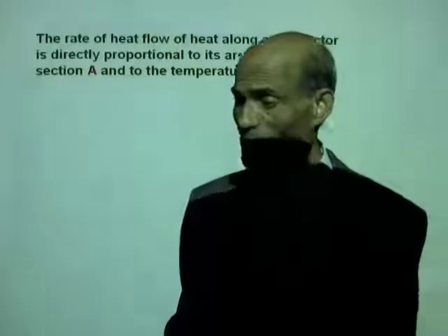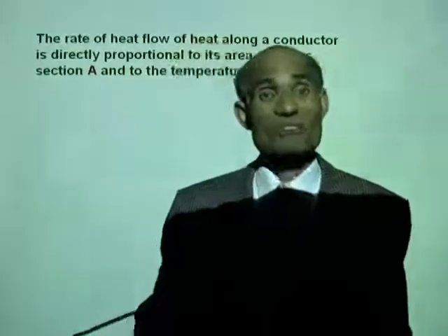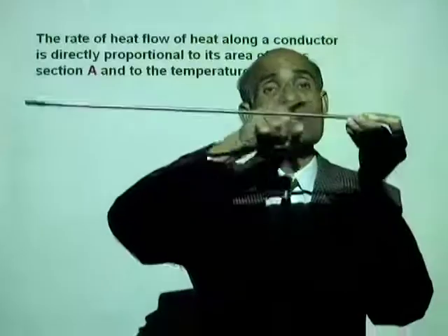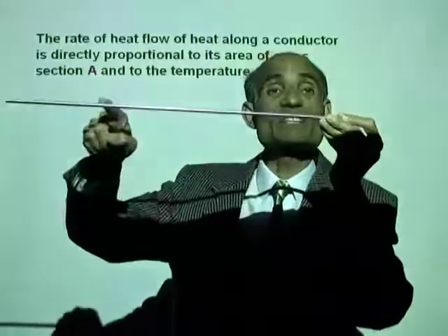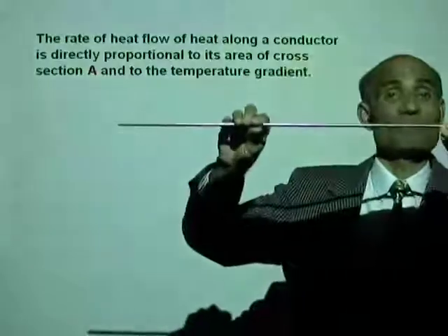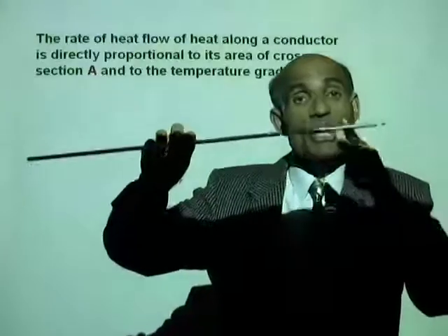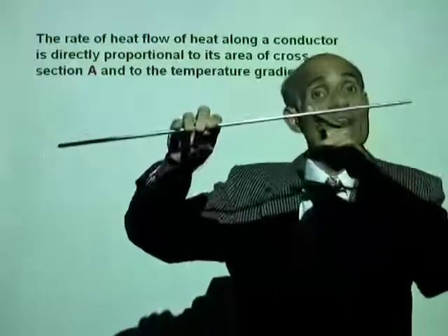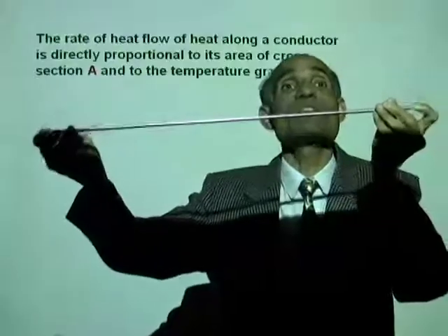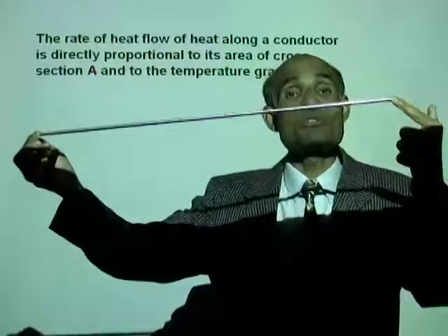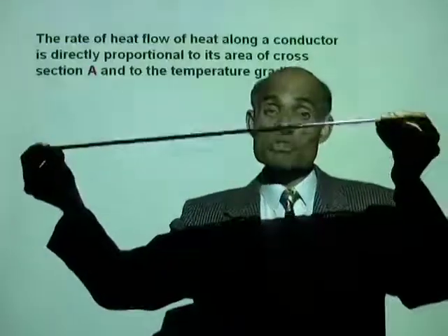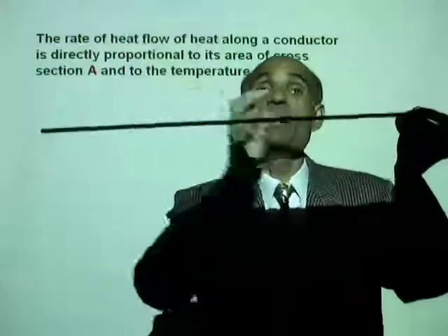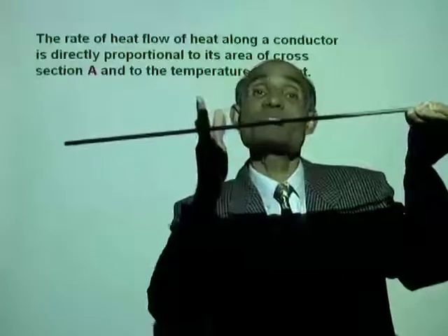Now tell me, what are the factors on which the rate of flow of heat along a conductor depends? Now, heat will flow faster if the two ends of a conductor are at two different temperatures. Is that right? If the temperature difference is high, heat will flow at a faster rate.